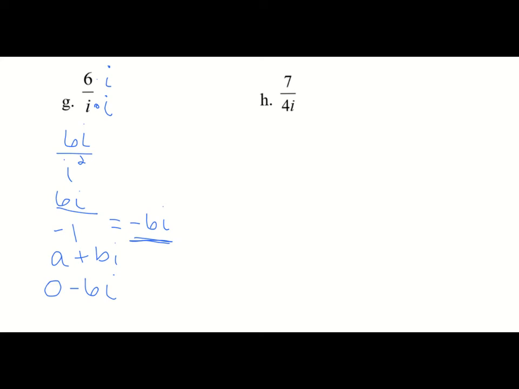All right, for h, again, I want to get rid of that i on the bottom. So we are going to multiply everything by 4i.